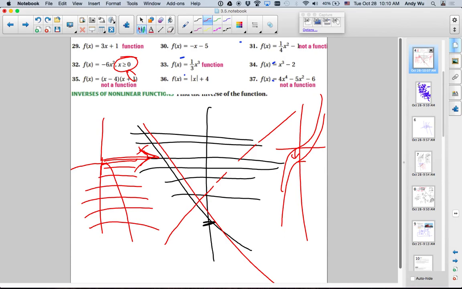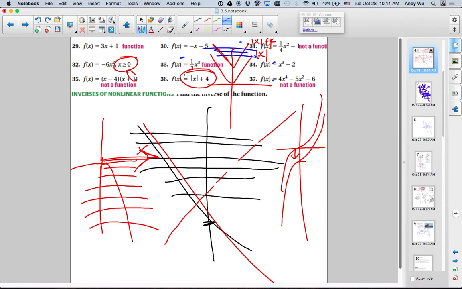What does the graph of the absolute value look like? A V shape, right? This is the parent function, so this is the actual function, and this would not pass a horizontal line test.